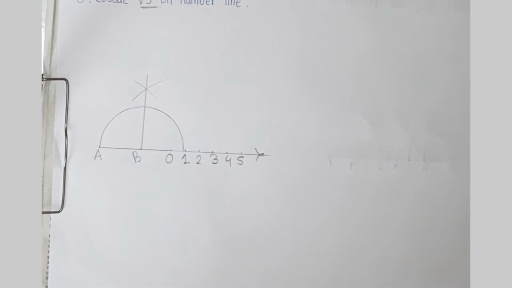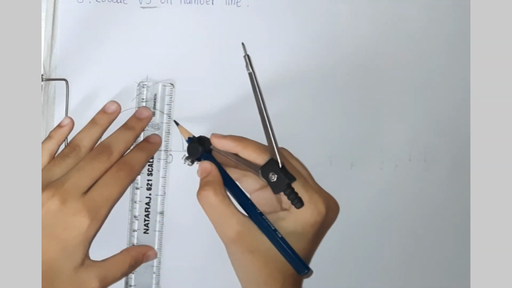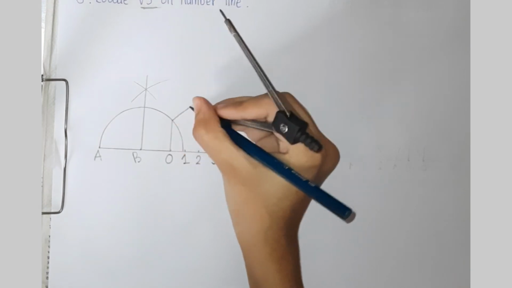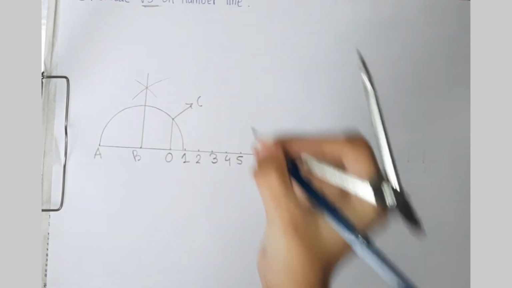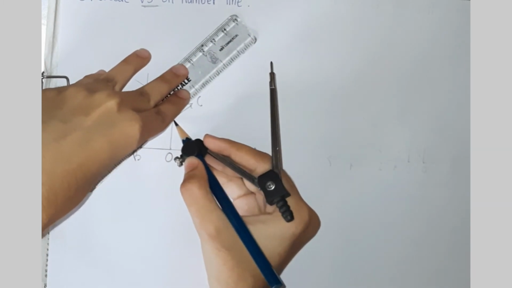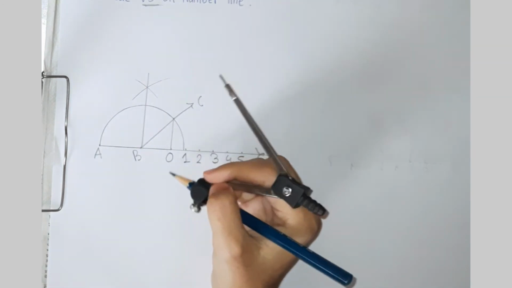So this will be semicircle. In the next step, we will draw perpendicular to the 0. We'll name it as C. We will join this B with the C. So it would be a right angle triangle naming BOC.